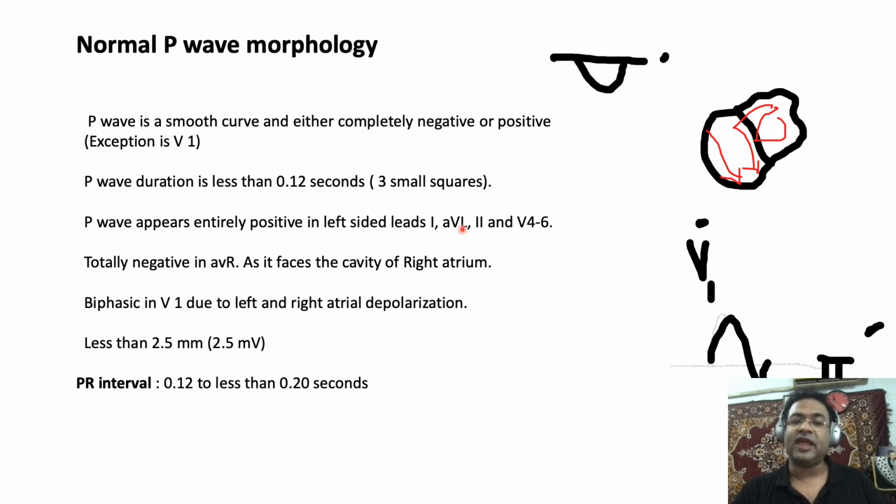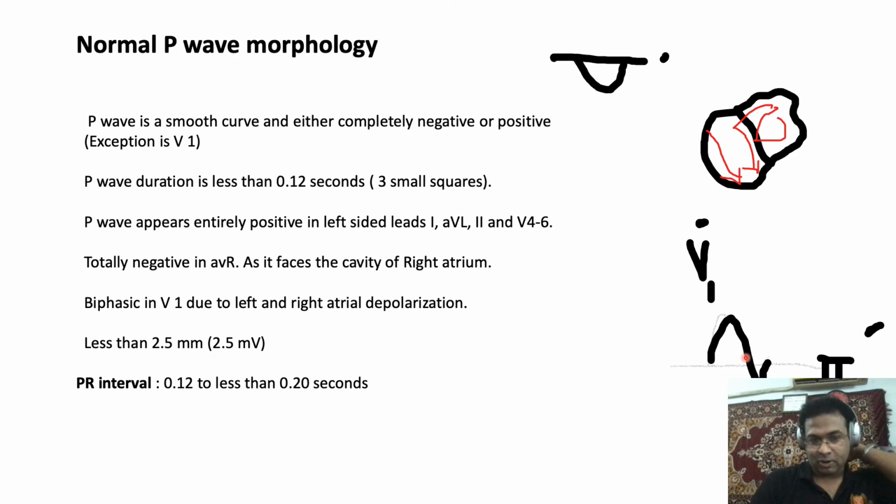AVL sometimes may not be positive, may be equiphasic, but lead 1, lead 2, V4 to V6 definitely are positive. And the P wave is normally totally negative in AVR. Biphasic, we talked about in V1, and I've given you the explanation as to why it happens.